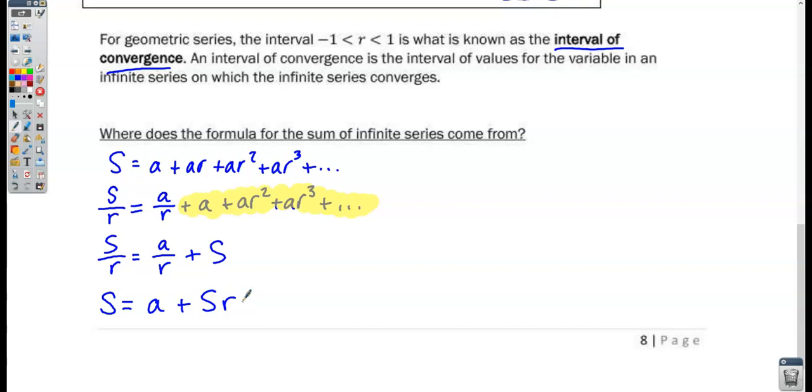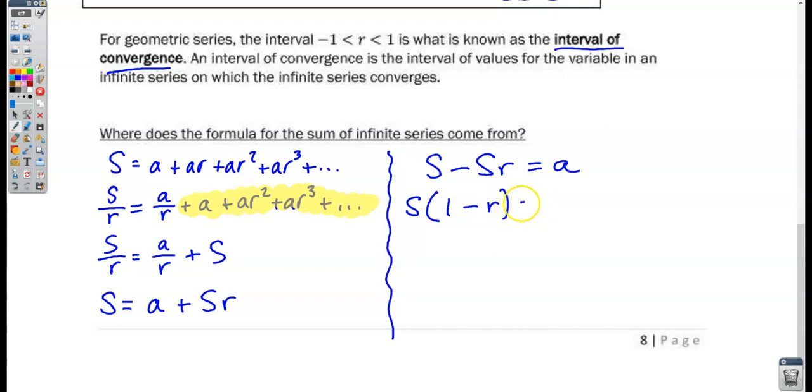And now, if I subtract SR from both sides, that gives me this relationship. I can factor out an S and divide both sides to get S by itself.